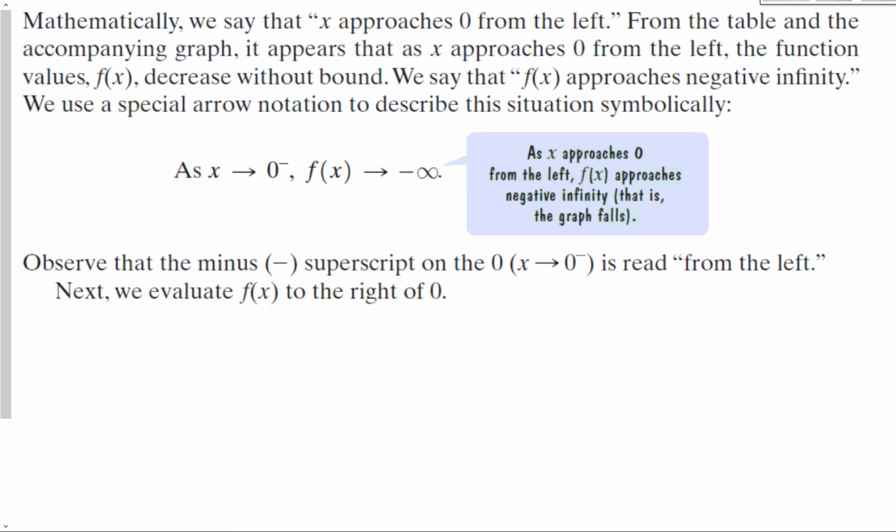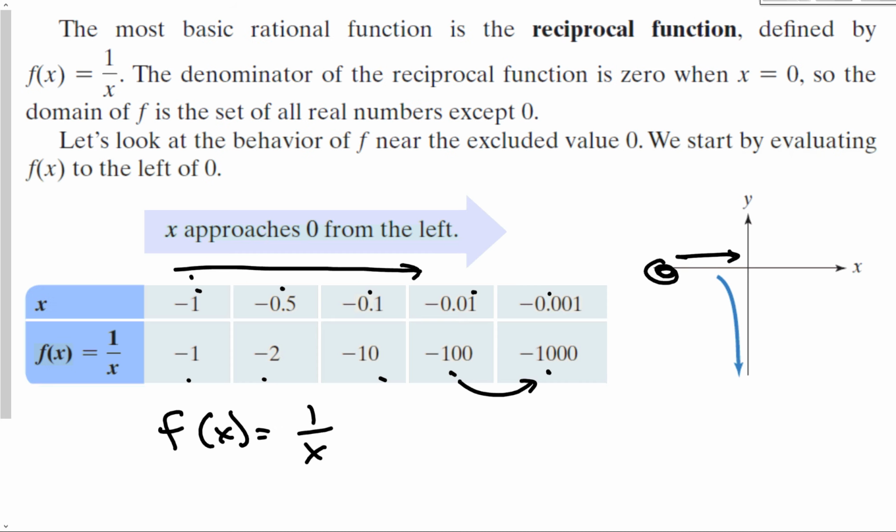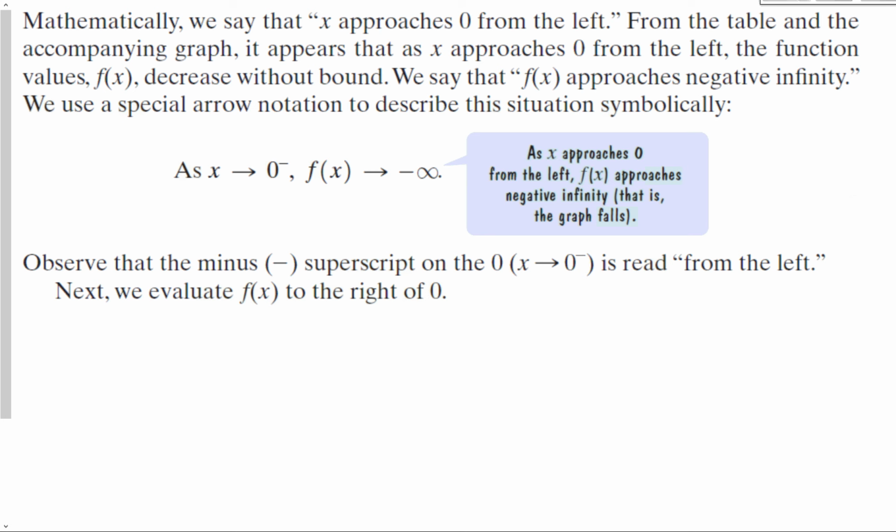Mathematically, we say that as x approaches 0 from the left, from the table and accompanying graph, it appears that the function values f of x decrease without bound, right? They're going down, getting much, much smaller. We can use arrow notation and limit notation to describe this situation symbolically.